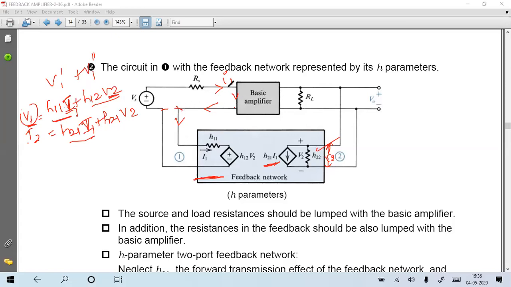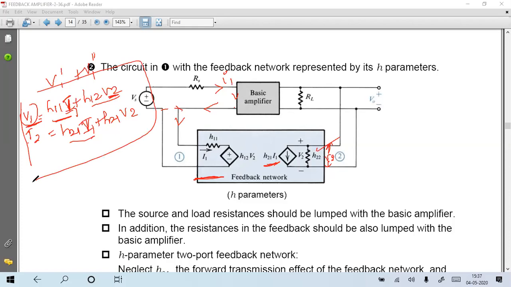That current coming from here is I1. I1 into H11 is equal to V1 dash. One more should be H12 into V2. V2 is the output voltage. So one more dependent voltage source I represented, plus and minus, H12 into V2. Both have to be in series. Why? The equivalent value should be V1. That has to be connected to this. So the complete feedback network is replaced by the H parameter network.